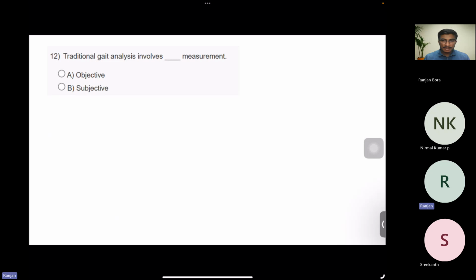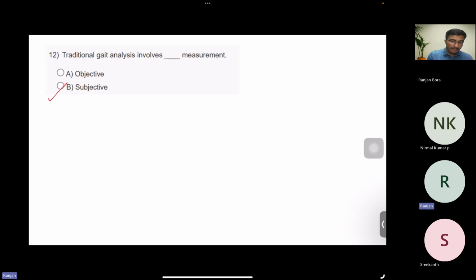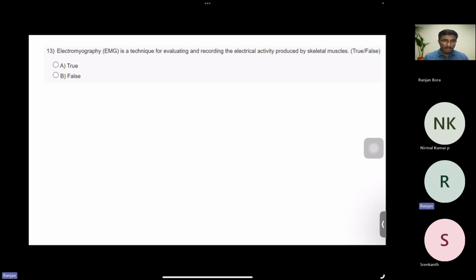Traditional gait analysis involves subjective measurement. We need some subjects to measure the gait in a laboratory. So option B is correct.